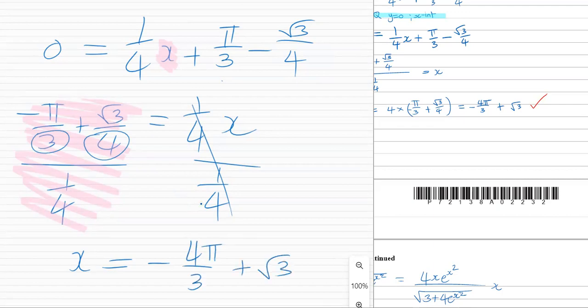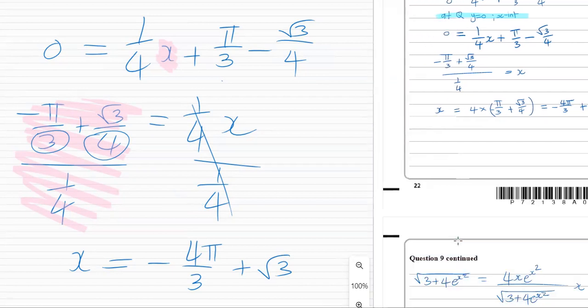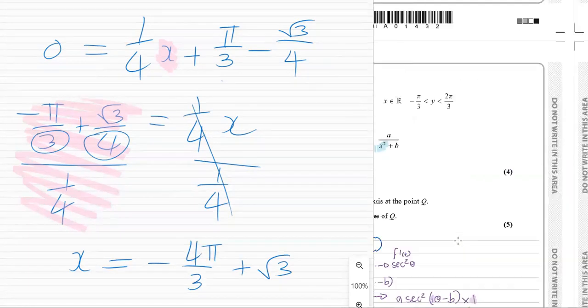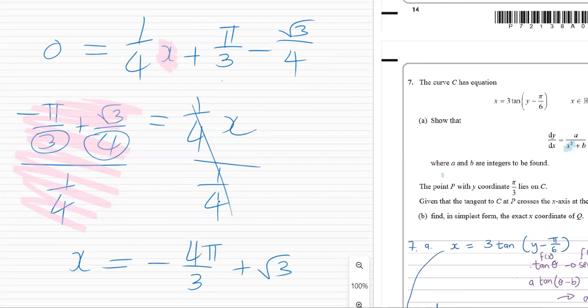Okay, so this is the answer for the x where the tangent touches the x-intercept, which I think is enough for this question. Let me just check. Yeah, that's finished question 7B. Fantastic.